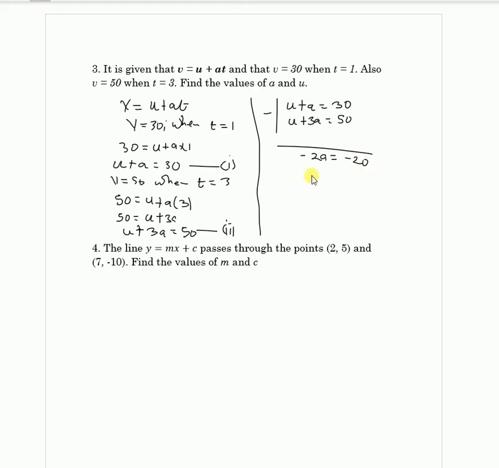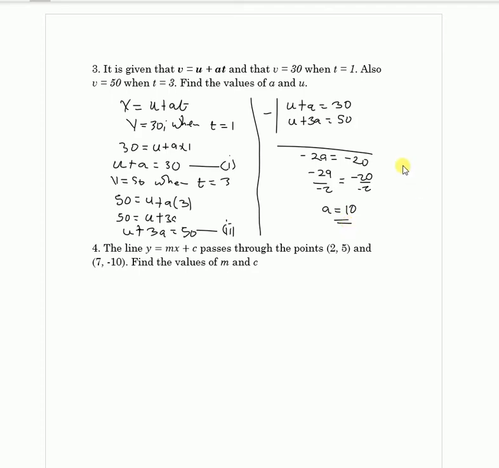So I have negative 2a over negative 2 is equal to negative 20 over negative 2. So that a is equal to negative 20 divided by negative 2, you get 10.